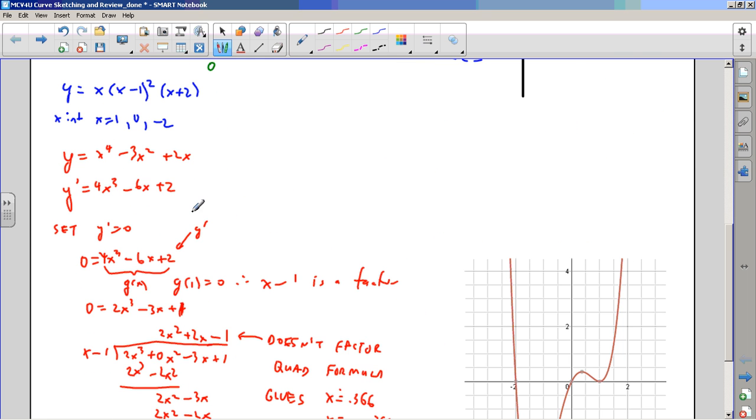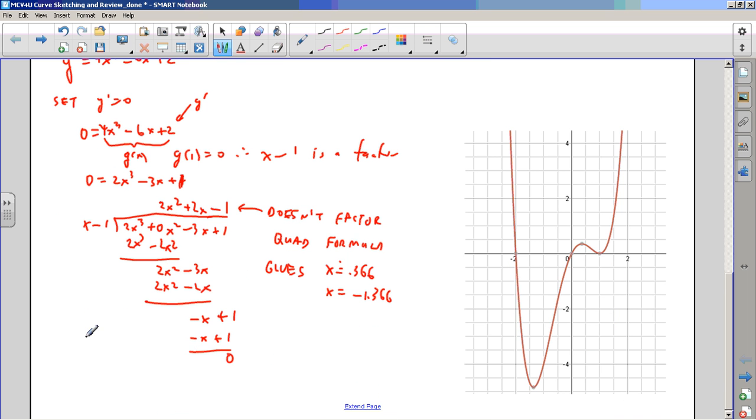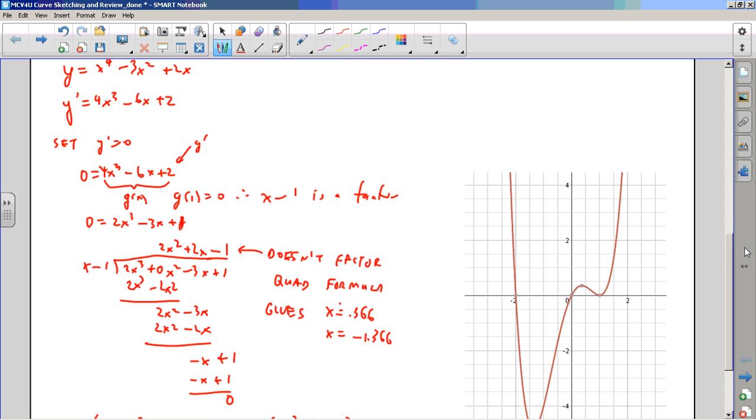Remember this original function, I took out this factor, right? So y prime is equal to 4x cubed minus 6x plus 2, which is also the same as this function. And then I could do the analysis on that to find out where it's positive or negative.